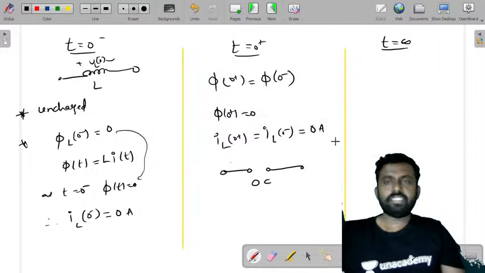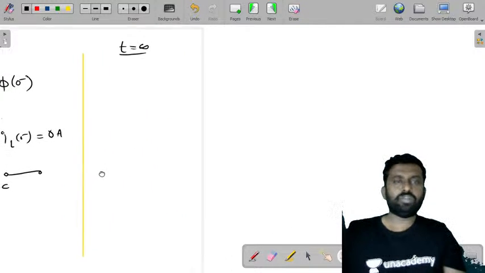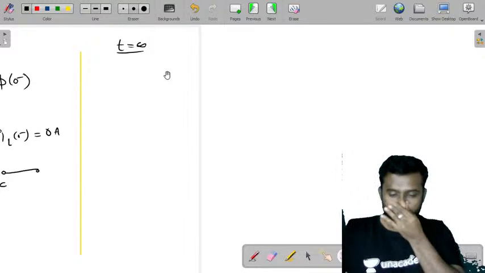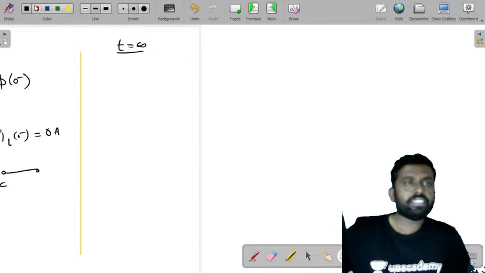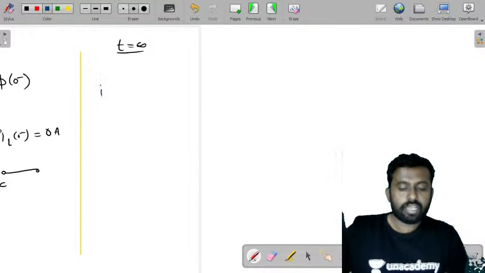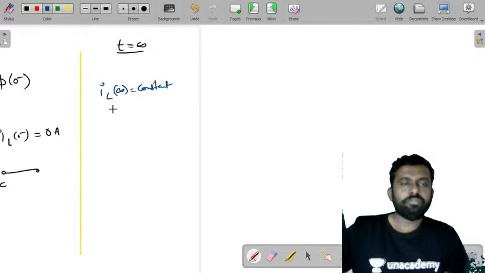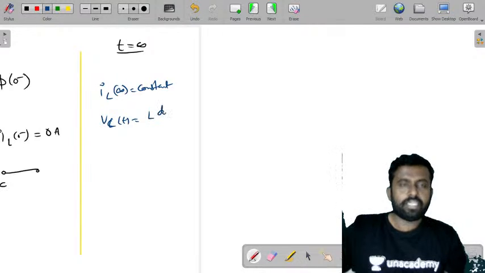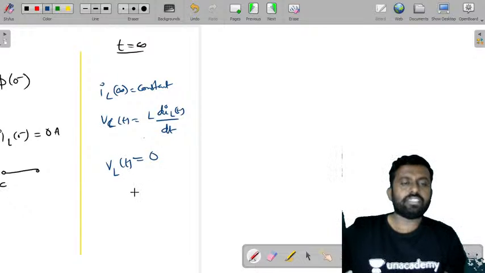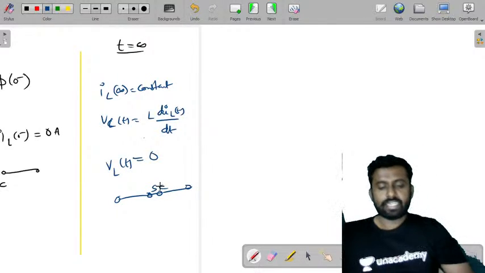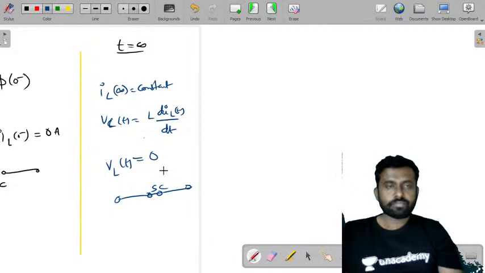Now if you take the same at t is equal to infinity, IL of infinity is equal to a constant value, and VL of t is equal to L dIL by dt. This being a constant, the voltage across the inductor is 0, so it will act like a short circuit.